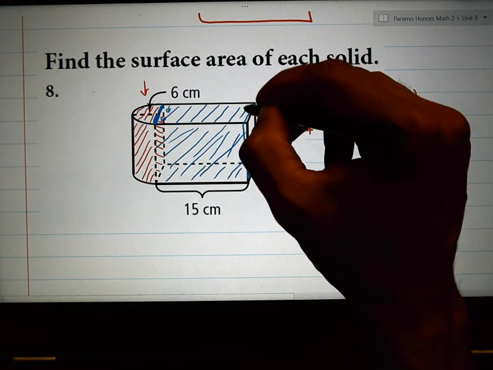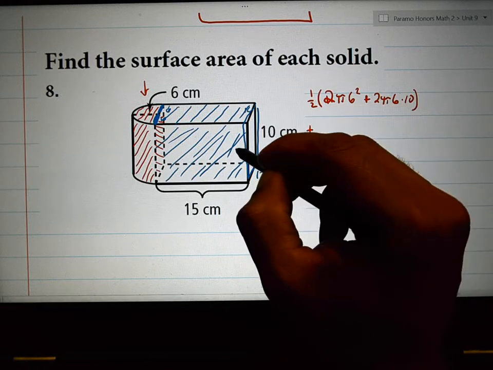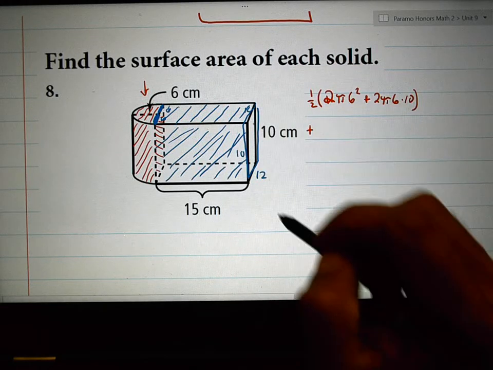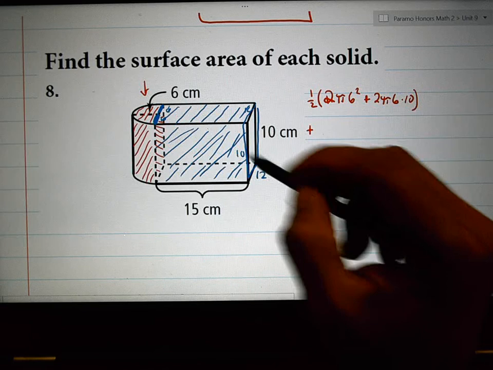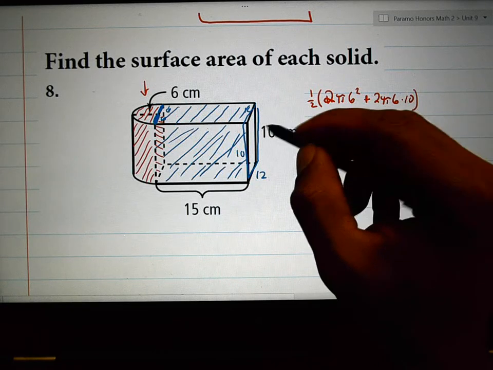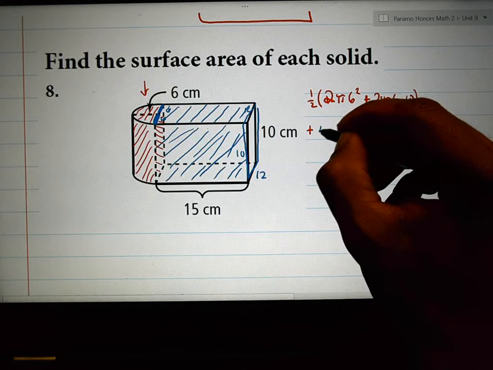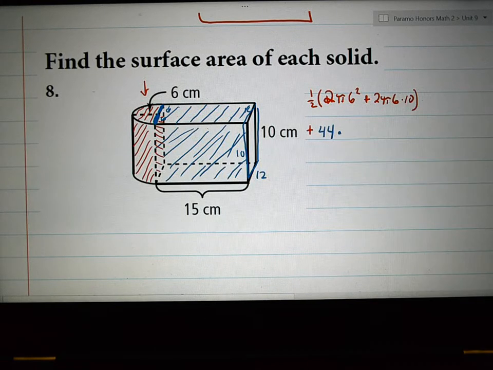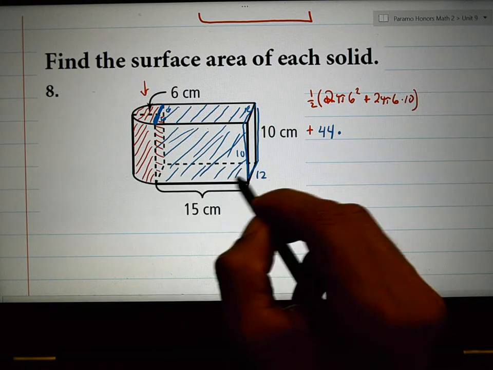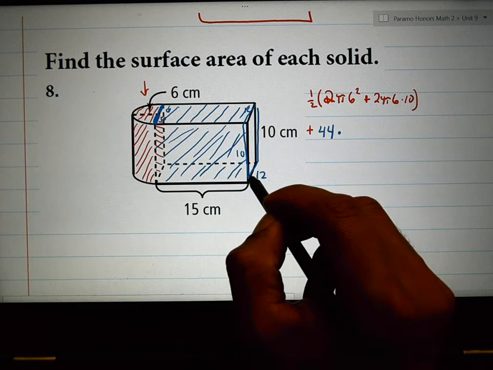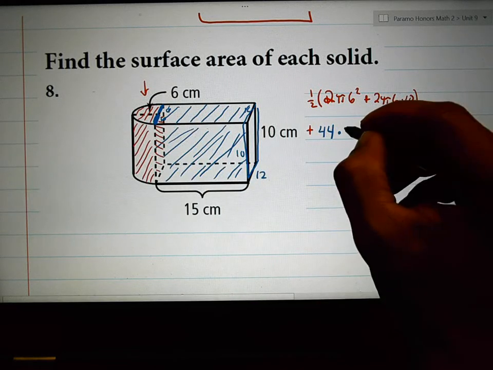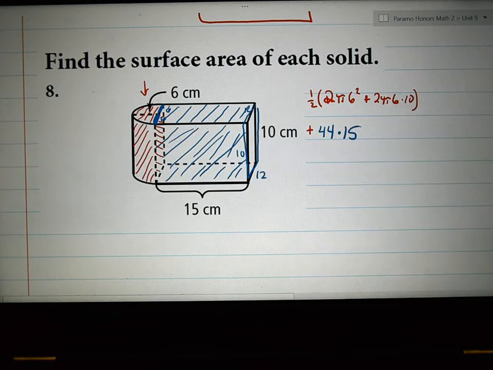I have a 10, another 10, a 12, and a 12. The perimeter of that base is 10, 20, 30, 44 times the distance from this side to that side. That gives you your blue piece.